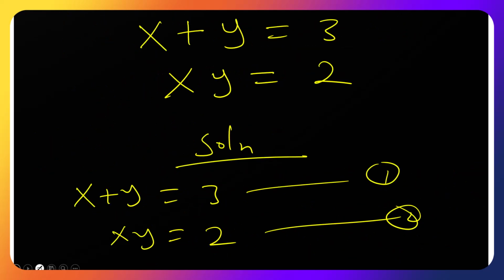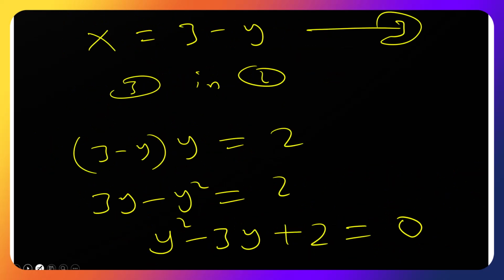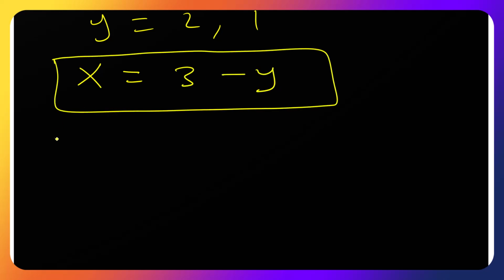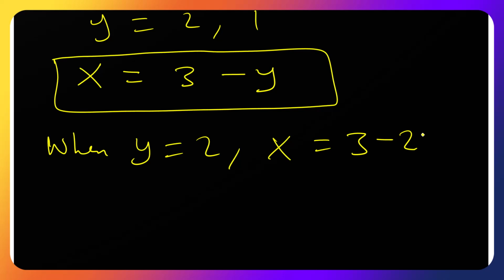So let's look at x. So remember, x is 3 minus y. x is equal to 3 minus y. So when y equals 2, x will be 3 minus 2, which is 1.